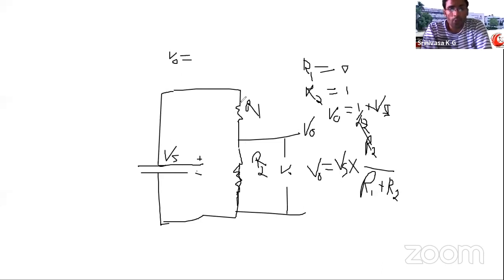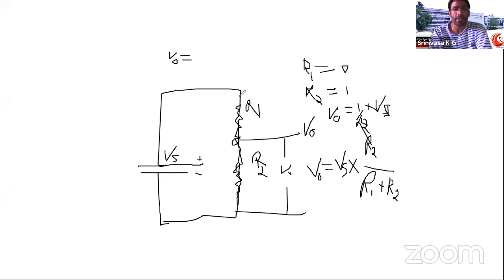Now I'm going to make it a flexible, variable resistor. A variable resistor means this one will be the slider, which slides across it, and R1 and R2 are variable. This variable resistor is a potentiometer. Whenever we scroll this slider, the R1 and R2 values change.